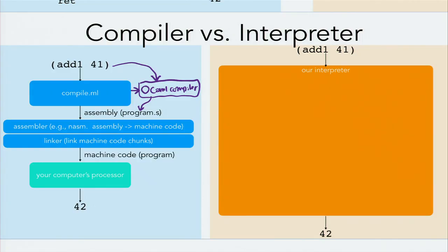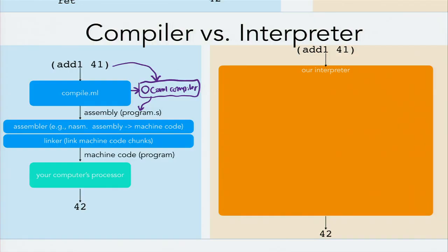So this, I think, makes it pretty clear where we are getting that assembly that we're eventually running, right? In some ways, it's a little bit wacky because it does seem like the OCaml compiler is involved somehow. But ultimately, we know that this program that we wrote, compile.ml, is emitting assembly. And that's the stuff that's eventually going to actually run on the x86 processor. So I think it's kind of clear where the ones and zeros are coming from here.